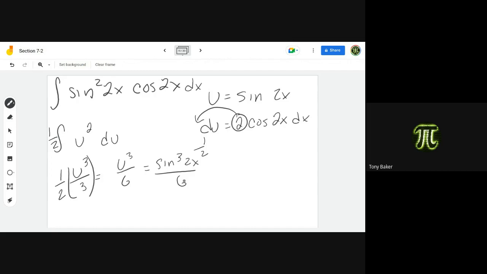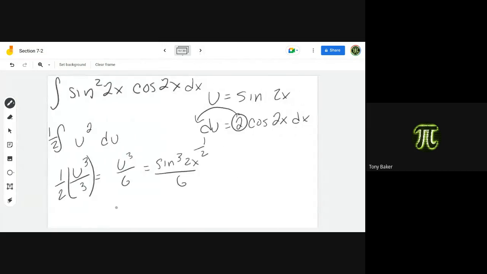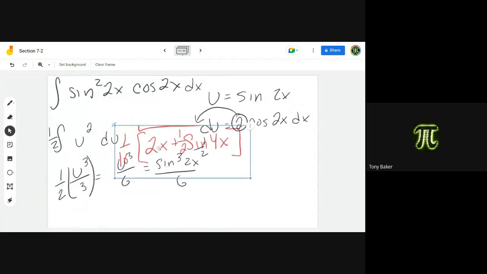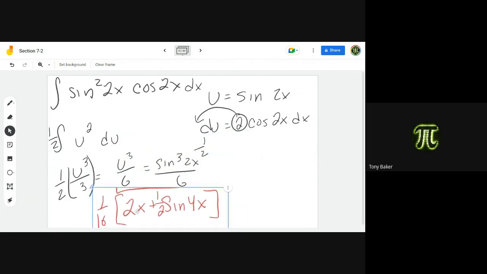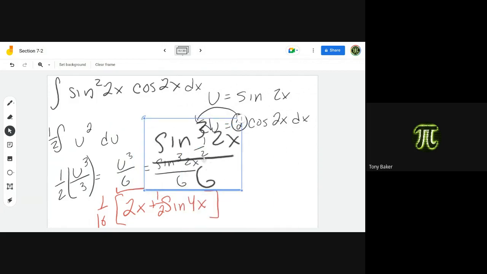Okay, so my final answer. And I'm not doing the definite part of this one because I think it was a definite integral at the beginning, and I'm not plugging in numbers.